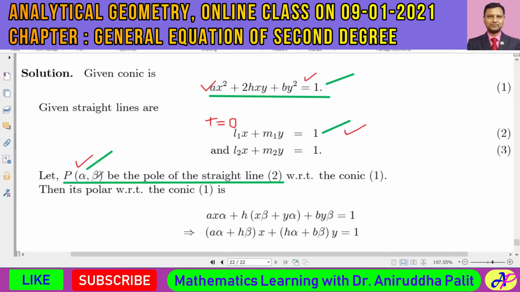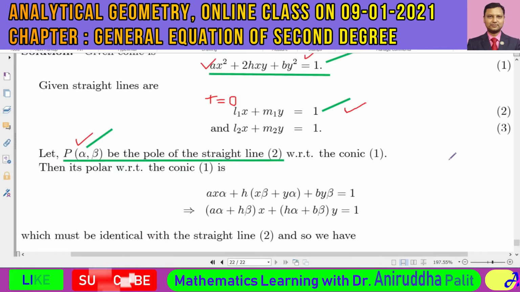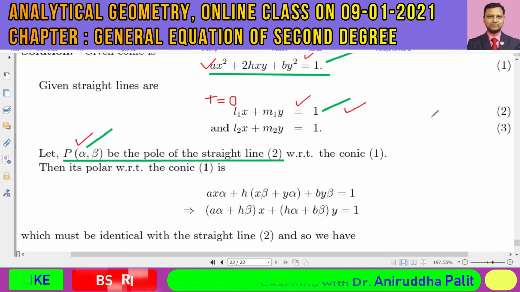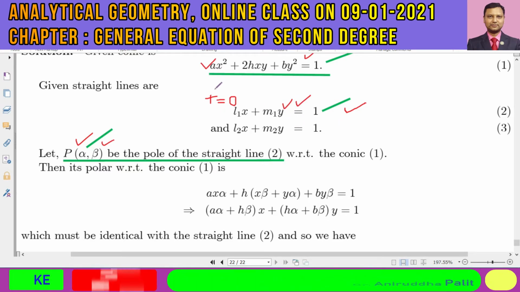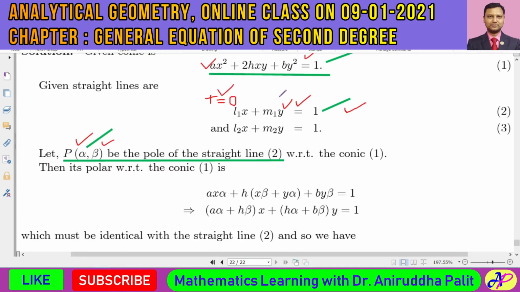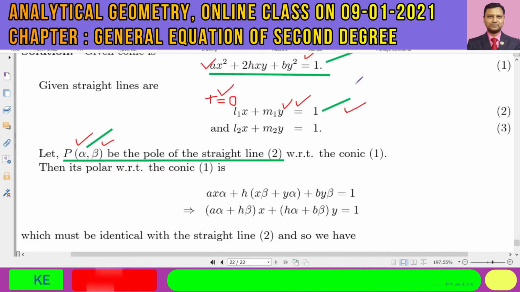So we know the point, we know the conic, so we can apply the formula T is equal to 0, and then by this formula we will be able to find the equation of the polar line, and that polar line would be nothing but this line number 3, because we assumed that this point P is the pole of the line number 3. Therefore this line number 3 must have this kind of format, T is equal to 0.